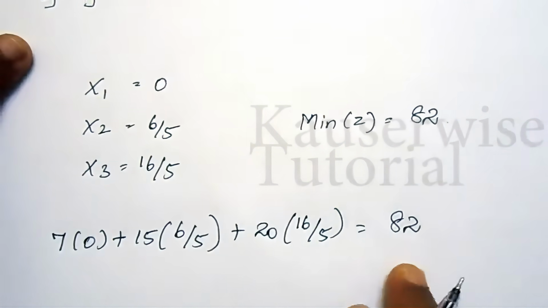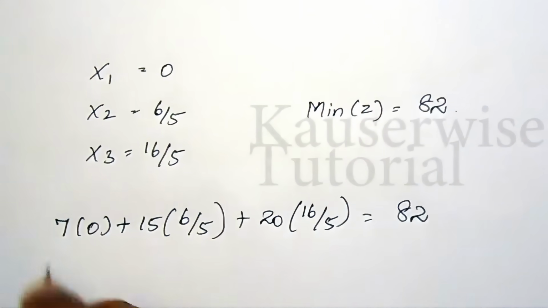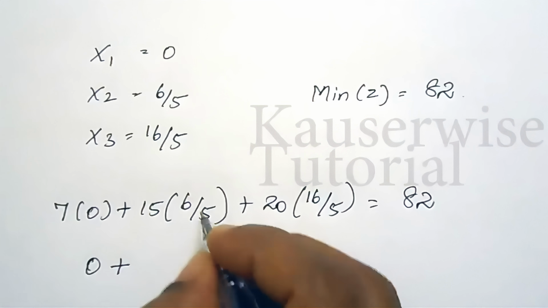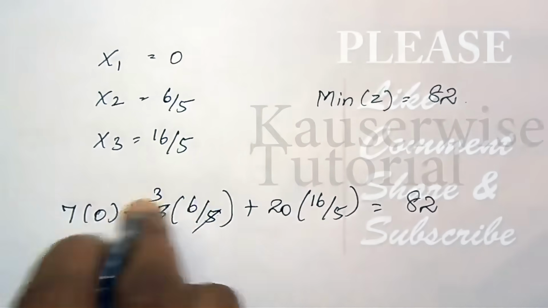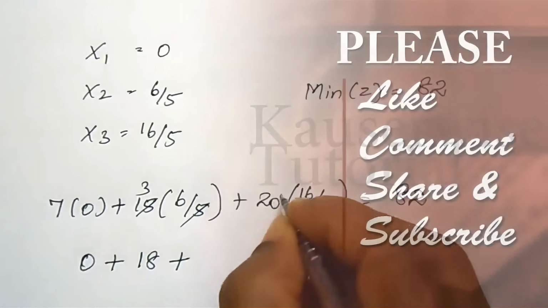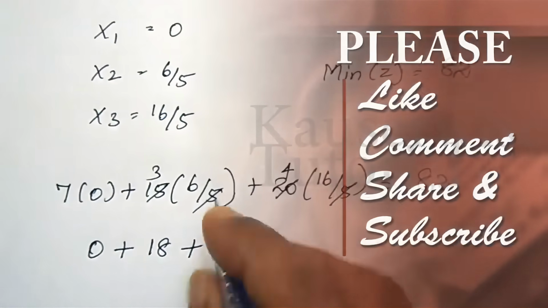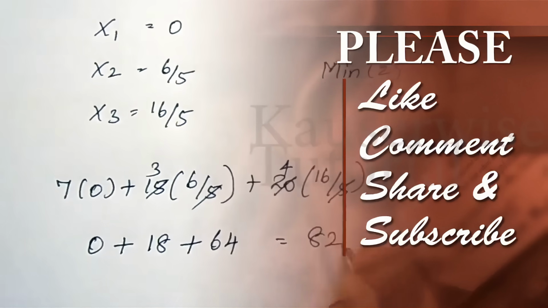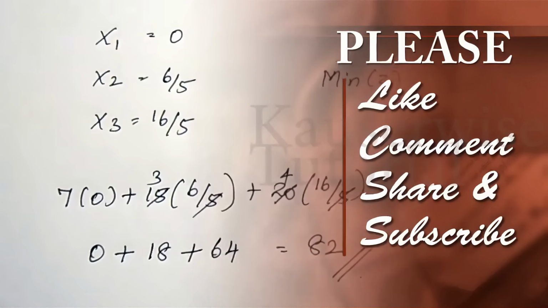We need to get 82 by applying these values. 7 into 0, 0, plus 15 into 6 by 5. So 6 into 3, 18, plus 4 into 16, 64. So the answer is 82. So we have attained the optimality.